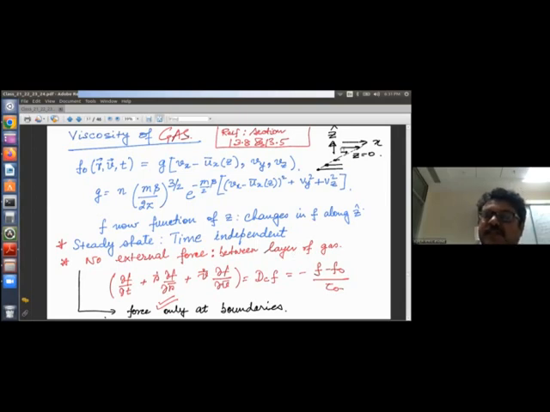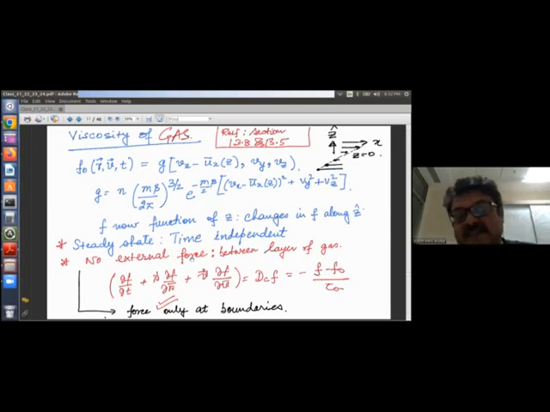On a given layer you have momentum transfer from the upper layer and the bottom layer, positive and negative, but they cancel out in a constant velocity gradient. If there was a net force acting in the x direction on this layer, it would accelerate. But it's not accelerating, which means the force from the upper layer and from the bottom layer is exactly the same. So they cancel out, there's no net force acting on a particular layer, and hence it's not accelerating along the x direction. That's why we say there's no external force.